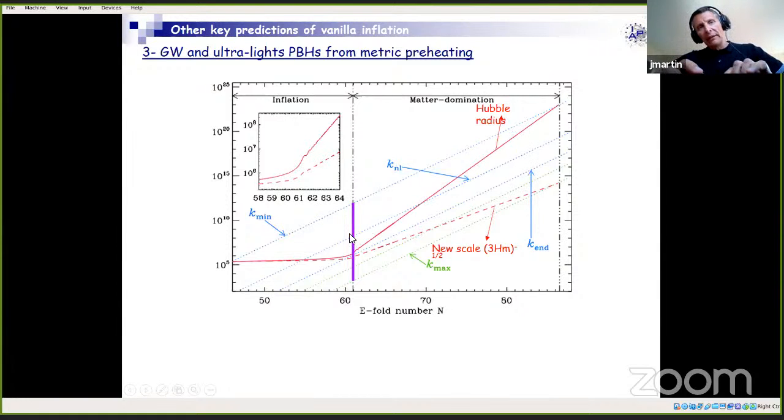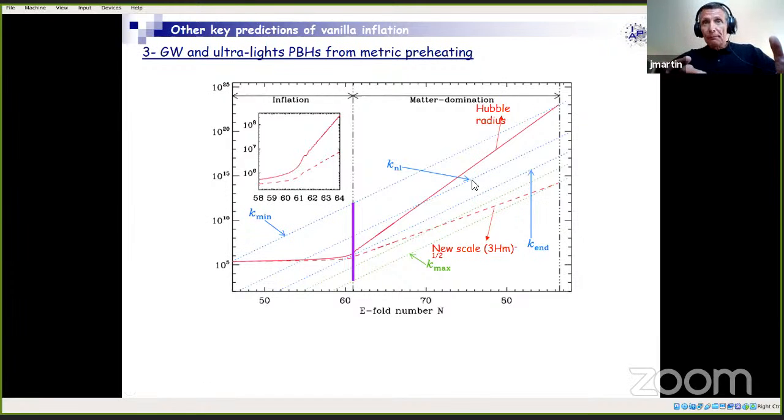So you see that the modes exit the Hubble radius during inflation, and then during reheating, they re-enter the Hubble radius and they penetrate the instability band. So here we are talking about modes that are very small compared to the CMB modes. The CMB modes leave the Hubble radius typically 50 e-folds before the end of inflation. Here we talk about modes that leave the Hubble radius less than 10 e-folds before the end of inflation.